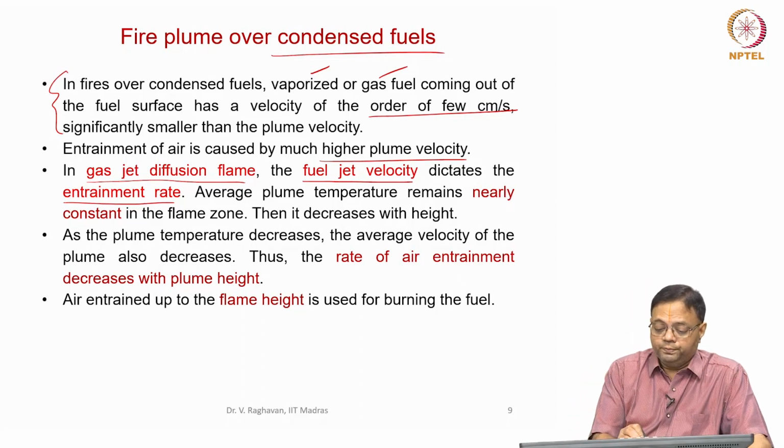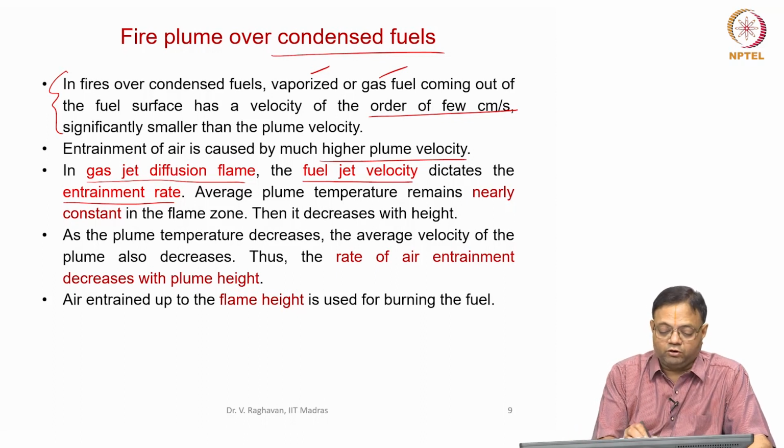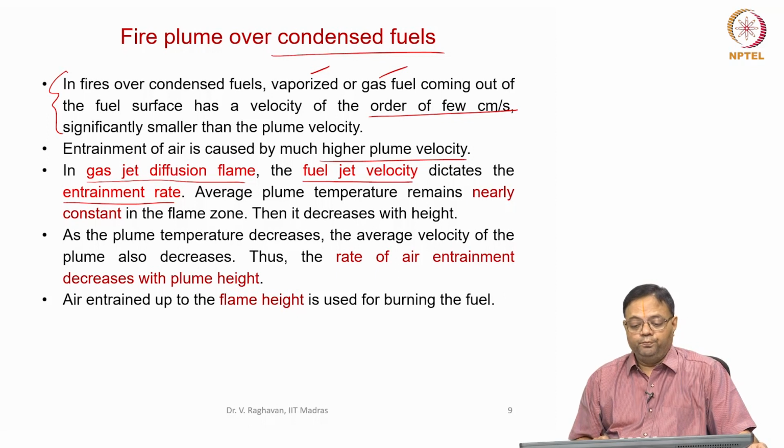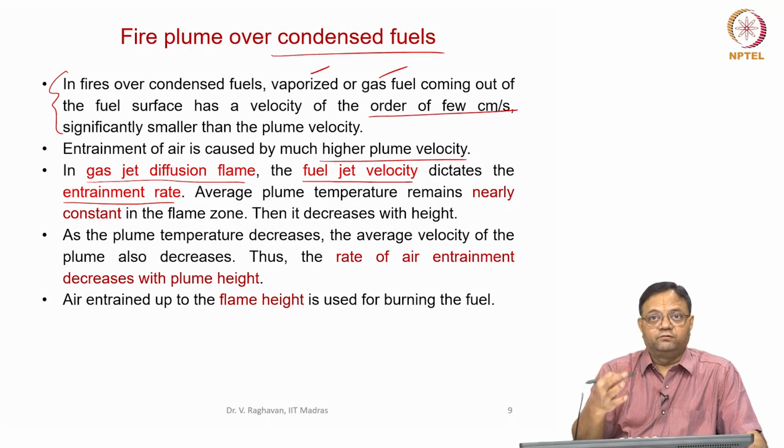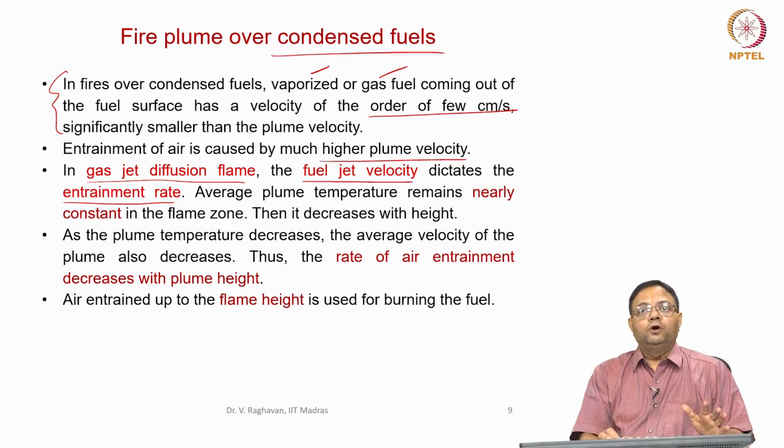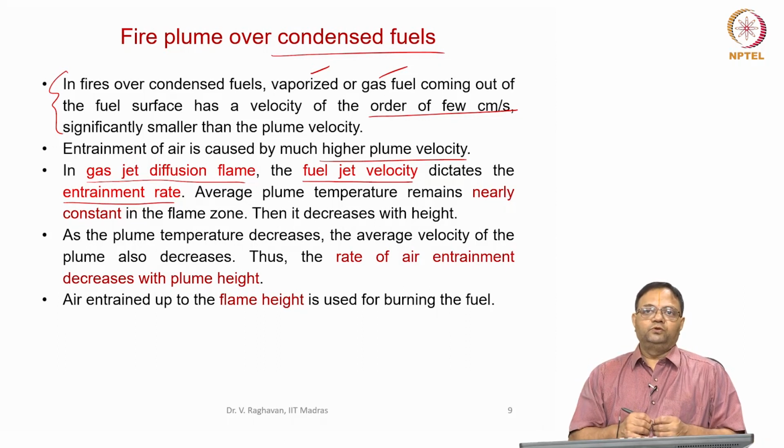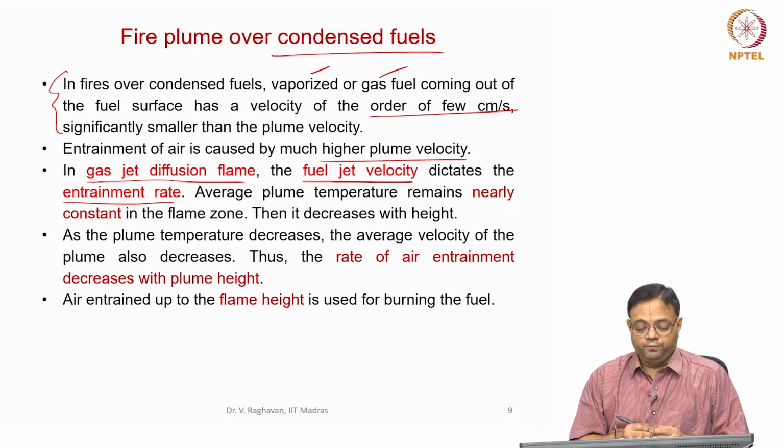So, the fuel jet velocity dictates the entrainment rate. The average plume temperature remains nearly constant in the flame zone, and then it will decrease. This is the gas scenario, a momentum controlled thing.